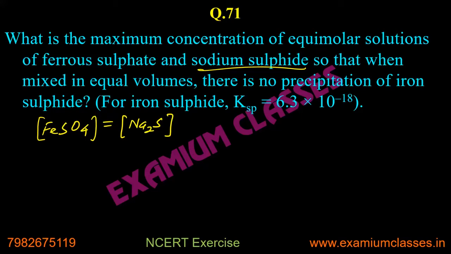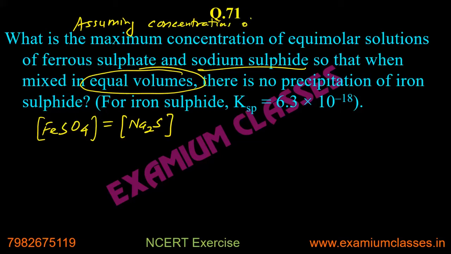We don't know the concentration, but whatever it was, when we mixed equal volumes, suppose their concentration was X. So just write above this: assuming concentrations of ferrous sulfate and sodium sulfide are X moles per liter.